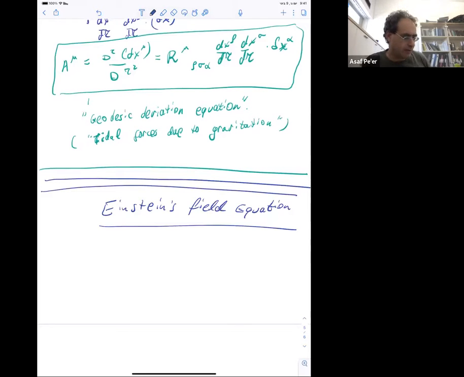As I said, this is the heart of this course, which we dug our way to through a lot of math and a lot of introduced concepts, and now we're finally getting to it. What Einstein's field equation really tells us is how the existence of matter or energy in the universe, or at a certain location in the universe, acts to curve the space-time, such that we say that the space-time is curved.